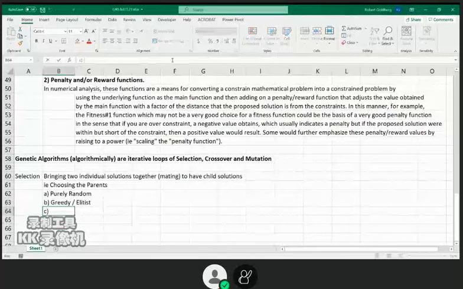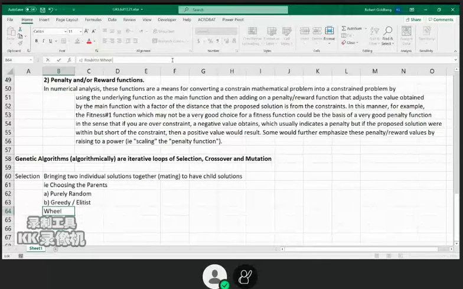Anyway, next, roulette wheel, which actually is more like a lottery than a roulette wheel, and we'll talk about that in a second. It's not exactly like the Vegas roulette wheel, but it's sort of like it. Roulette wheel is the one that Goldberg uses and assumes, or models, for the purposes of what's going to be called, at the end of the semester, the schema theorem.